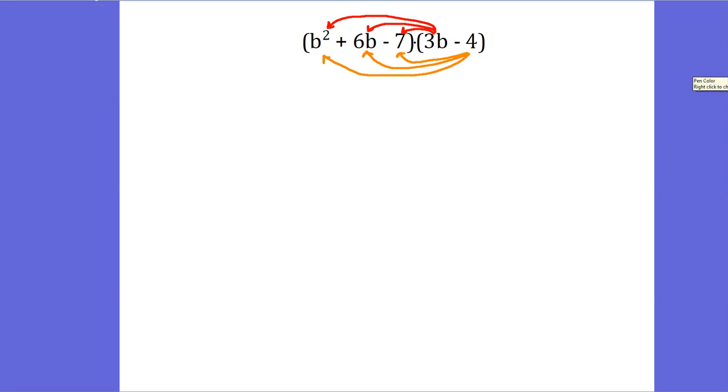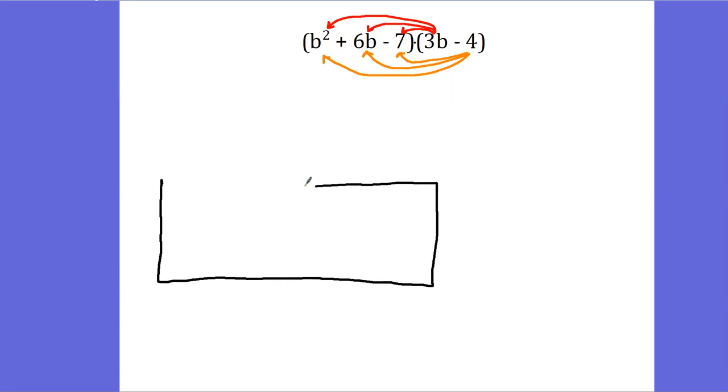And to help with the multiplication, a very good idea would be to go back to that idea I told you about a little bit ago, where we draw this rectangular grid. And all right, so there's my rectangle. So on one side of this thing, I'm going to put 3b minus 4.